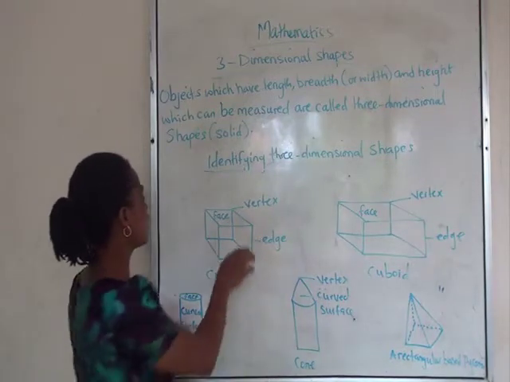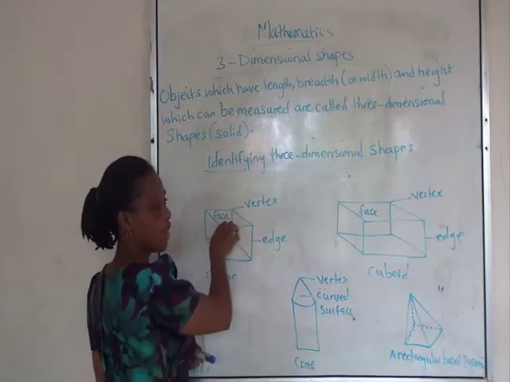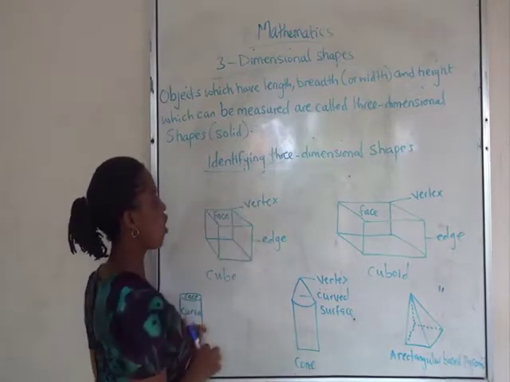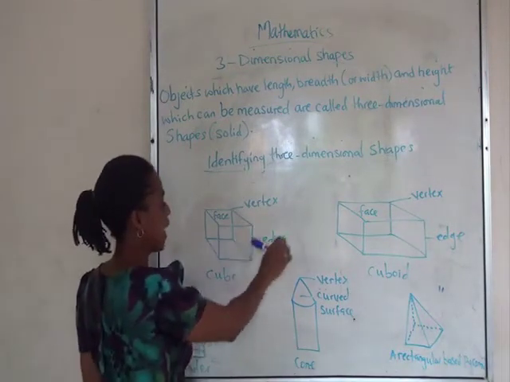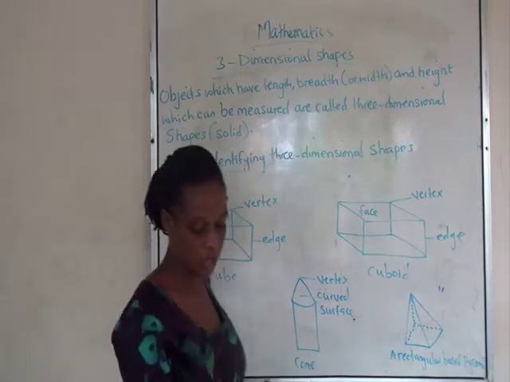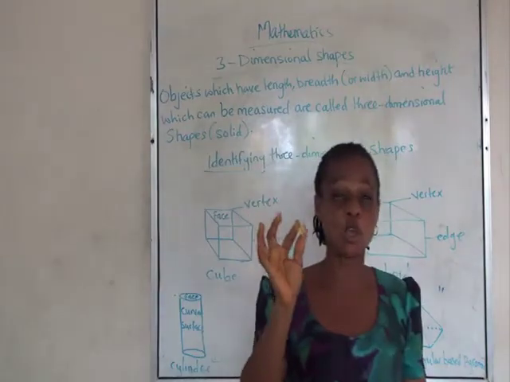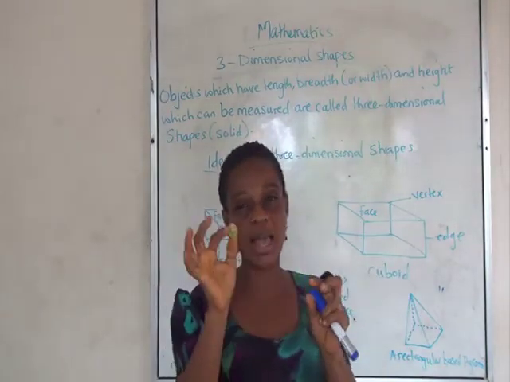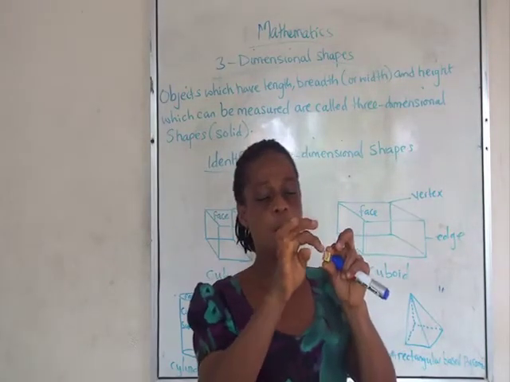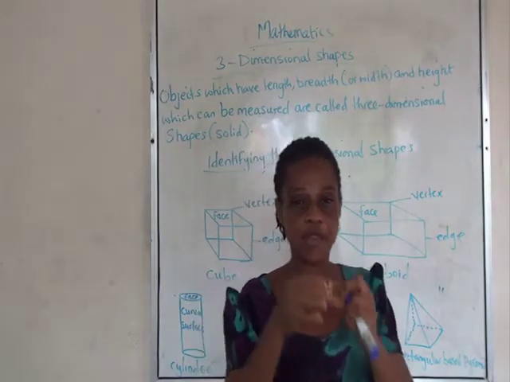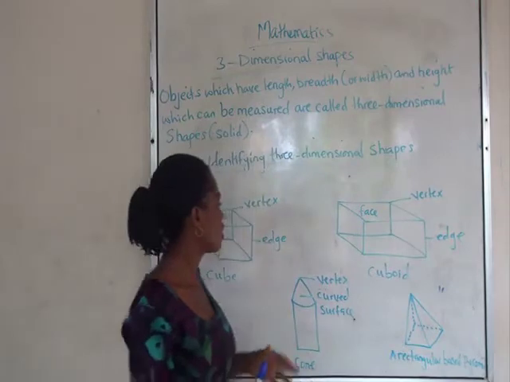The surface of it is called the face, where two lines meet is called the vertex, and the edge is called the edge. Example of a cube, this is a Maggi cube. Properties, all the sides are equal. Where the lines meet is called the vertex, while here is the face.